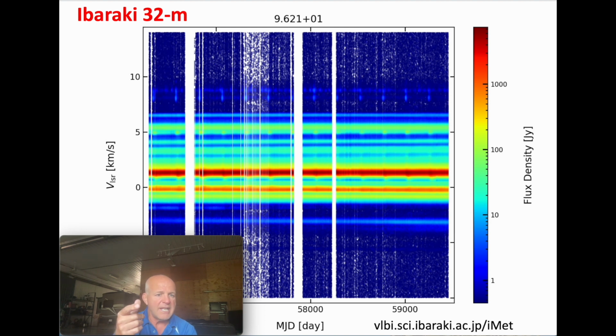And the Ibaraki data has to be identical to HartRAO. There are differences. It's more sensitive, so the dynamic flux range you can see is better. HartRAO's got a more stable velocity, so it's more sensitive to seeing velocity changes. There are some differences, but when you look at the two images, you should be able to spot the difference.